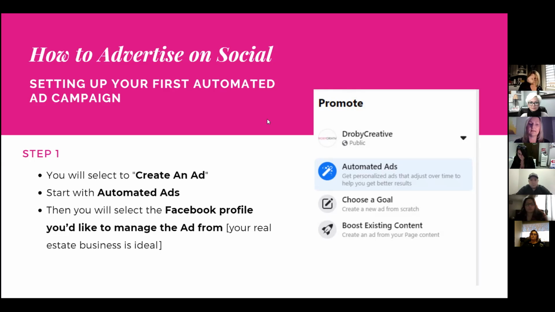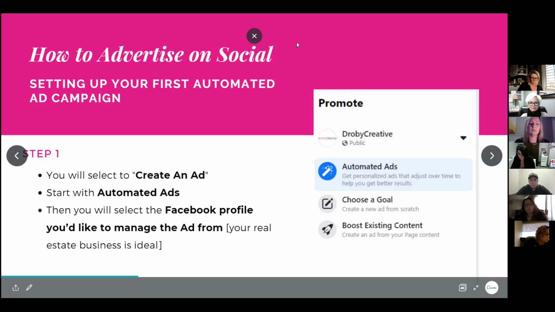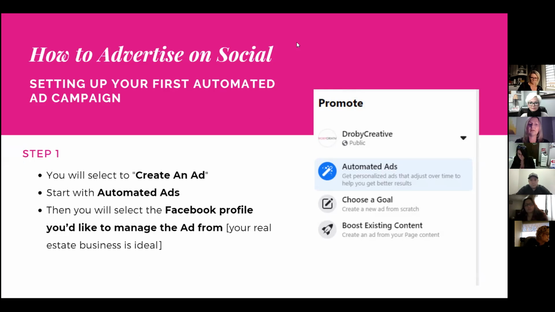So you will select Automated Ads. And then what you will do is select the profile that you'd like to manage the ad from. This will be the profile, most likely your business profile, which will be associated to the payment account that the ad will pull the money from to pay for your ads for your daily budgets.